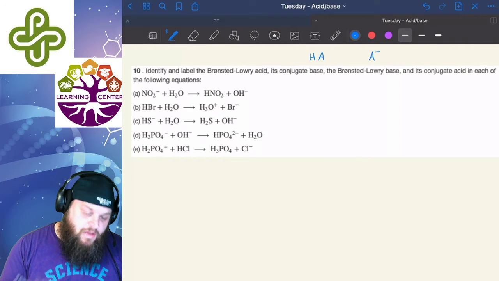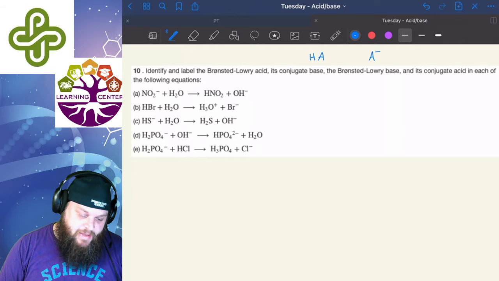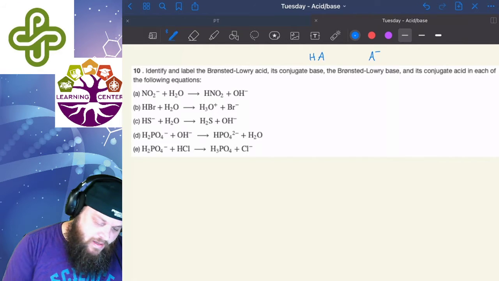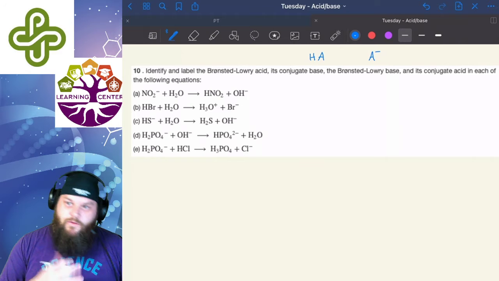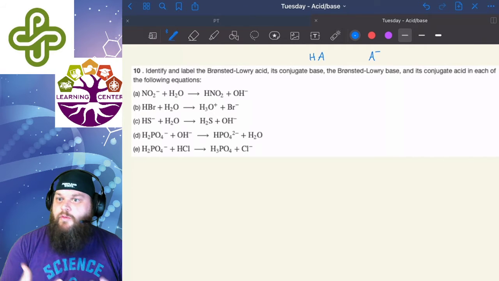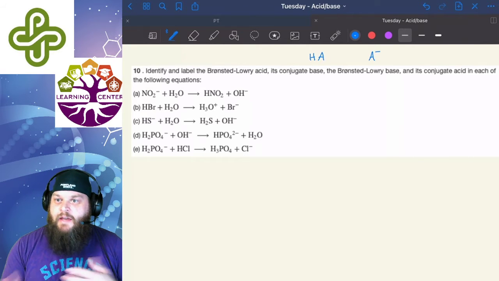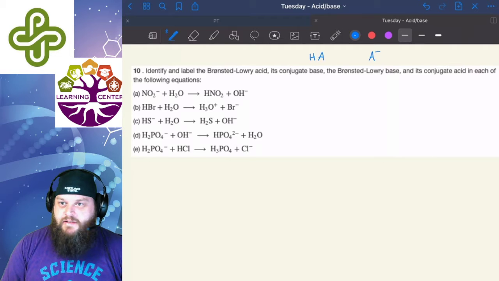So when we're looking at these acid and base pairs, if you compare the reactants to the products, you should see that it's either gained or lost a hydrogen in that process.